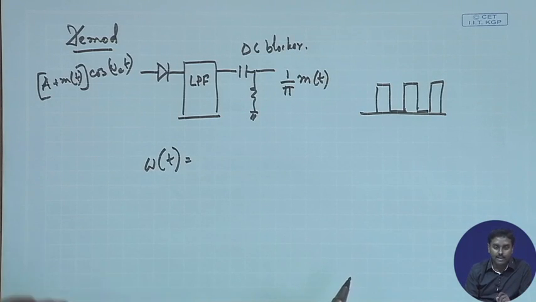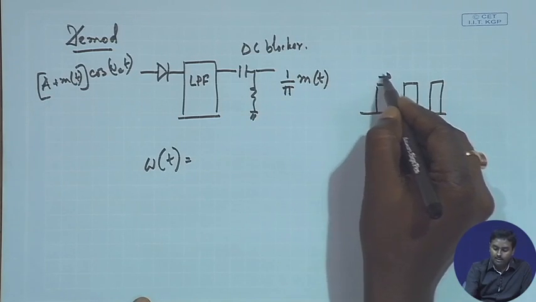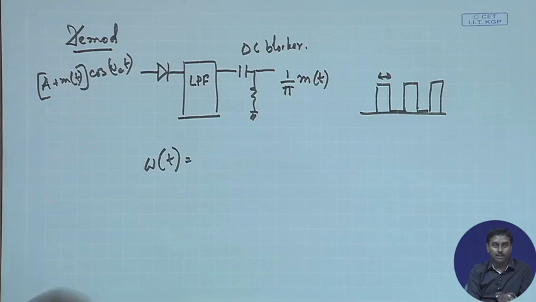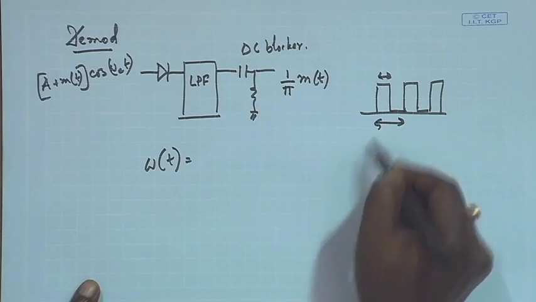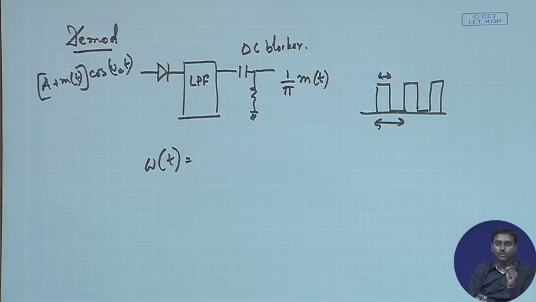Remember, the pulse train should have a 50% duty cycle, because for a cosinusoidal I have to take the full positive half and negate the full negative half. So it must be a 50% duty cycle pulse, that is the first thing. Second, its time period must coincide with the cosinusoidal time period.